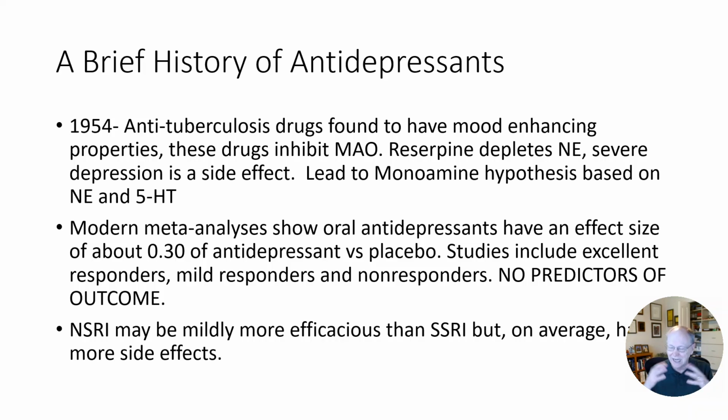So really you're getting an average with a huge amount of variation. And on average, the norepinephrine serotonin reuptake inhibitors might actually be mildly more efficacious, but they have more side effects. Thus the standard protocol now is that we start people on an SSRI.